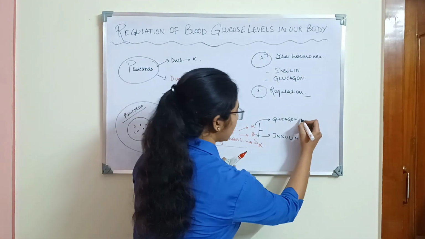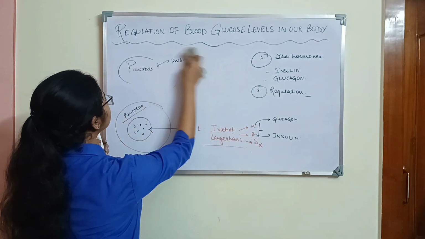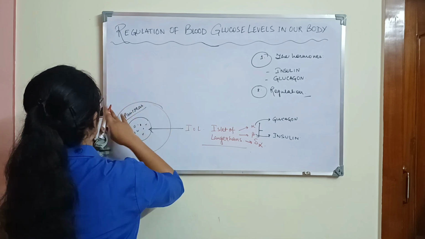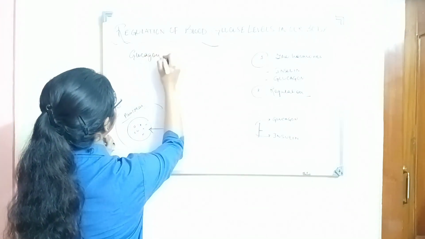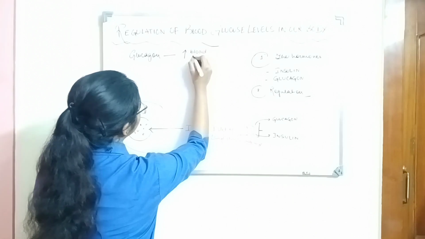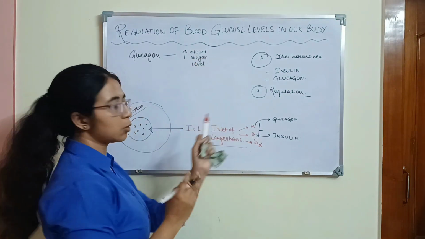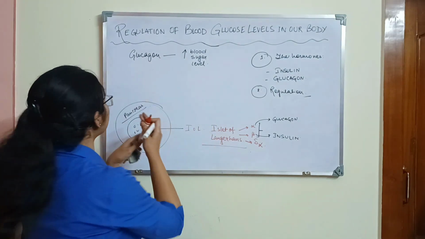Now, the hormone glucagon is responsible for increasing blood sugar level. The level of glucose in your blood is increased by this hormone named glucagon.